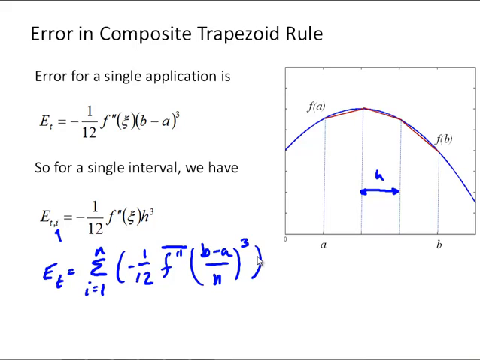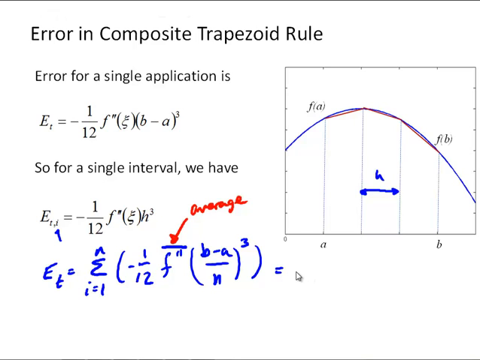And when we do that summation, all of these are constant. If we assume this is an average evaluation of the second derivative, then these are all constants, so that summation just becomes a multiplication that we're going to multiply this term by n times.